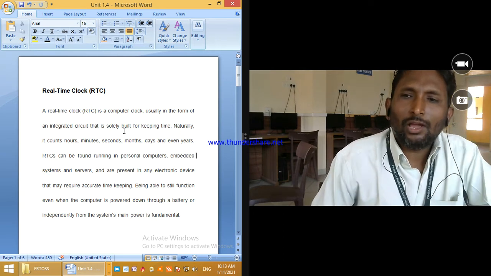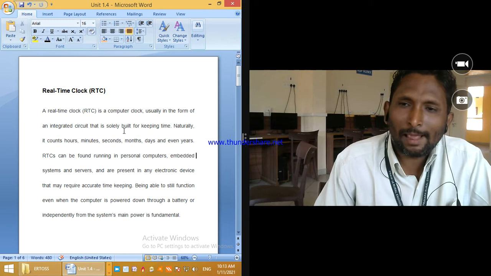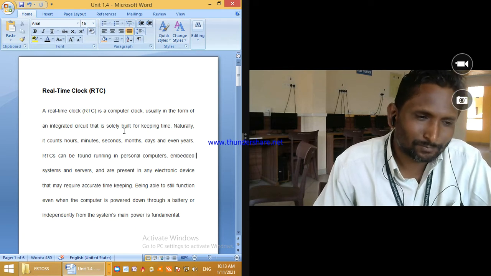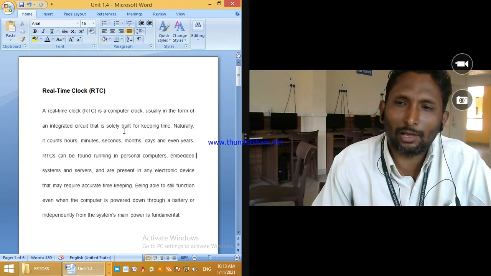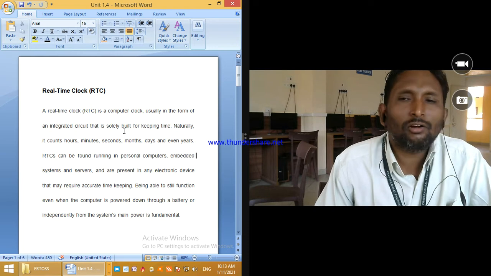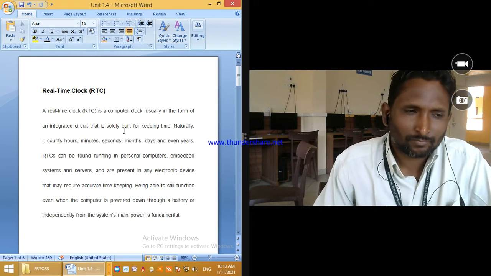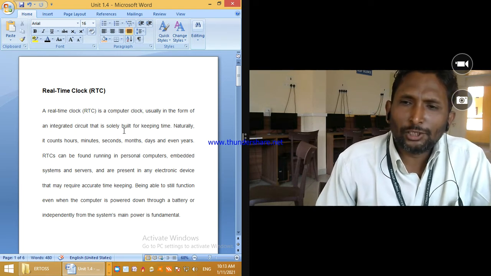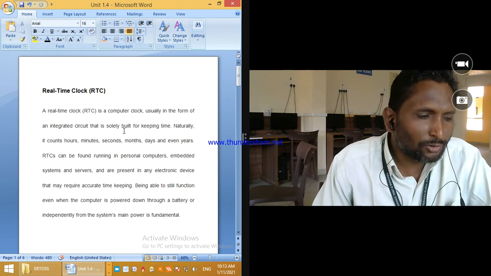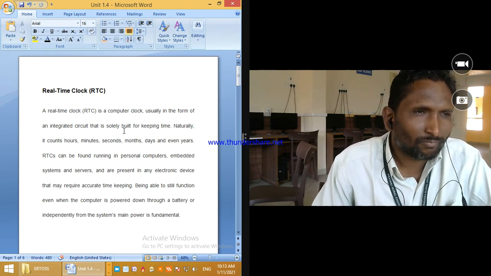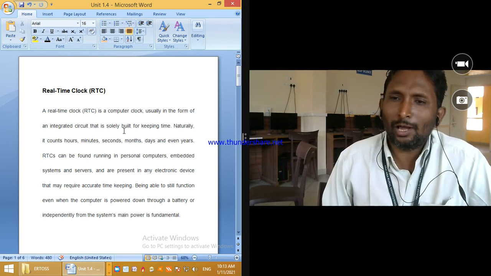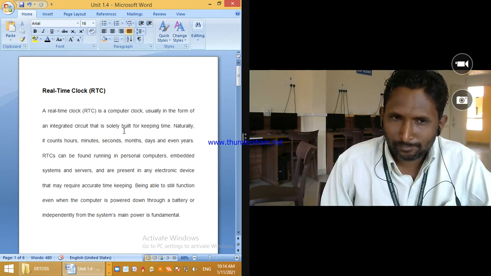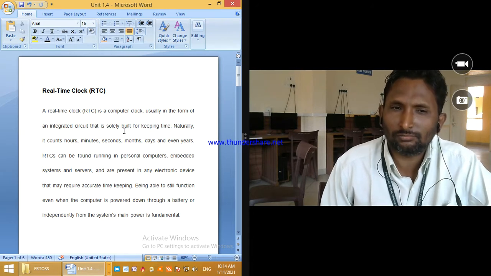Second example, if you have a OnePlus phone or Apple X series, there is an inbuilt oximeter function, right? If you have a phone priced more than 50,000, it has an inbuilt oximeter function. It shows your oxygen level, which is a very important topic nowadays because of the corona pandemic.